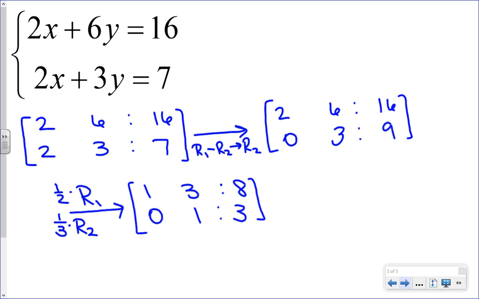Very minimum, you need to get to here. Now, how much work would it be for us to get it into reduced row echelon form? One more step. What would that one more step be? We could solve for x and y from here, but if we wanted reduced row echelon form, the 1, 0, 0, 1, what would our one step be to get this to be a 0?